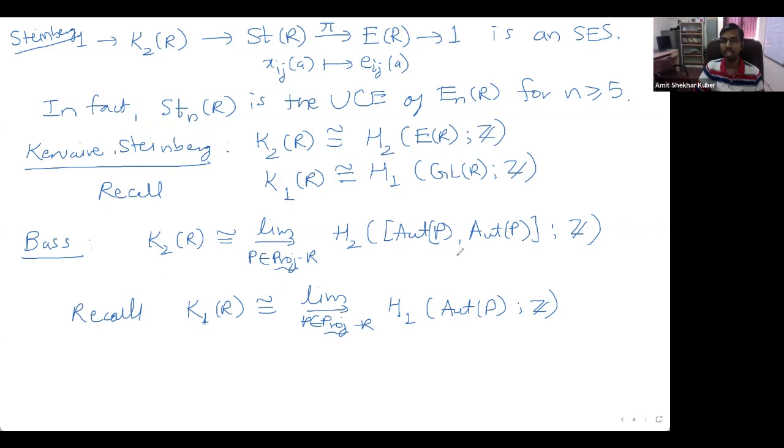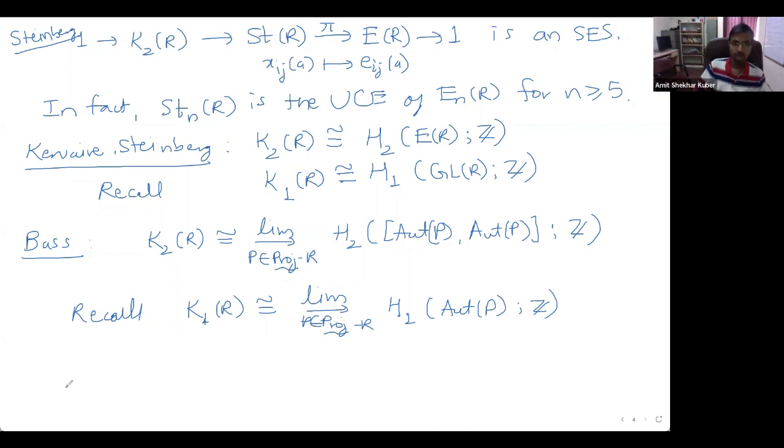So if you put this direct limit inside, then the automorphism of P will become GL(R), and that is E(R). So this group will become E(R), and that is precisely what you have here. So I'm just giving you that for symmetric monoidal categories or groupoids where translations are faithful, you also have a definition from Bass.